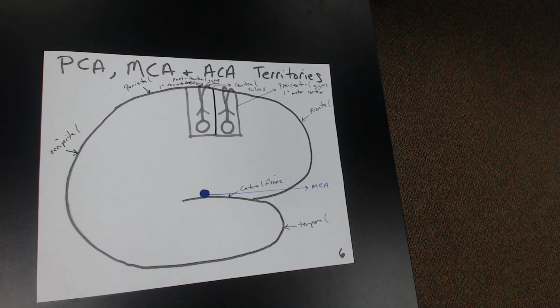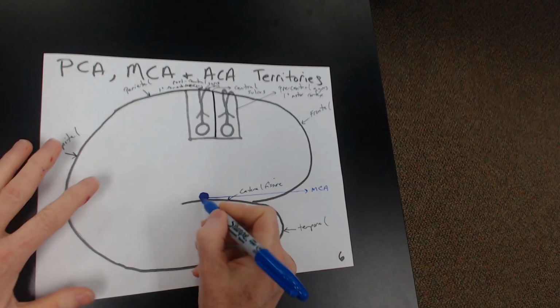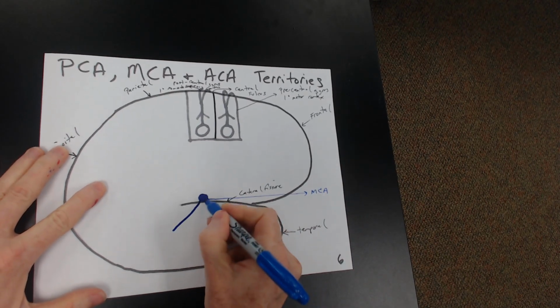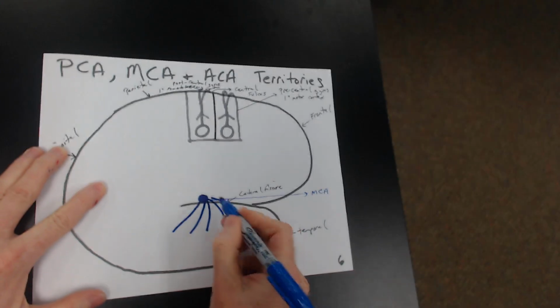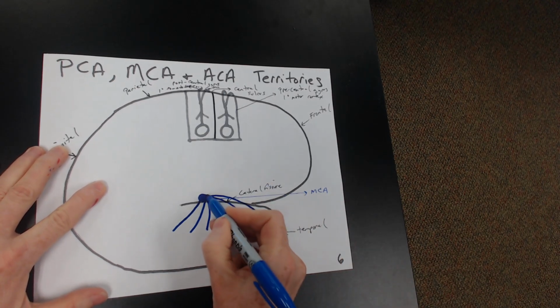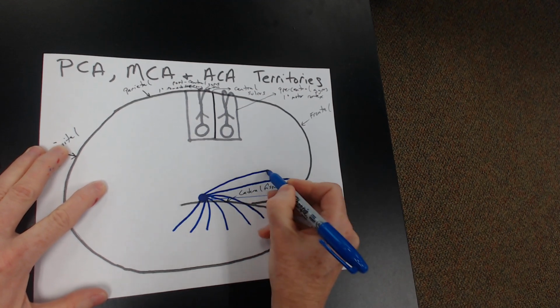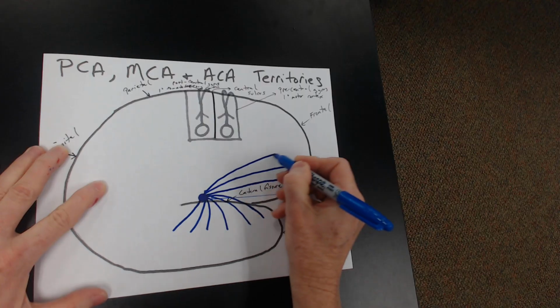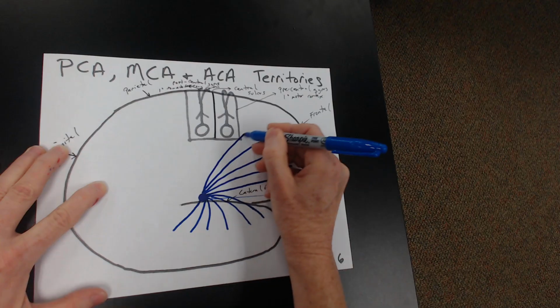Now the big question is, what's the territory of the MCA? I'm just representing that in blue. Okay, you're going to have a little bit of the temporal lobe here, and then you're going to have all of this area. This is all MCA territory.